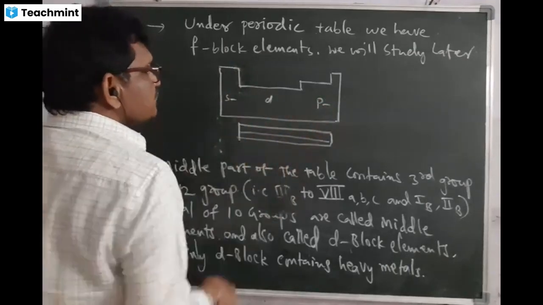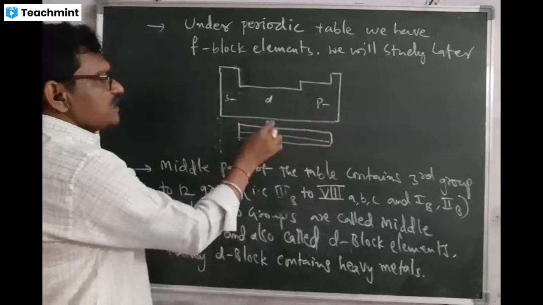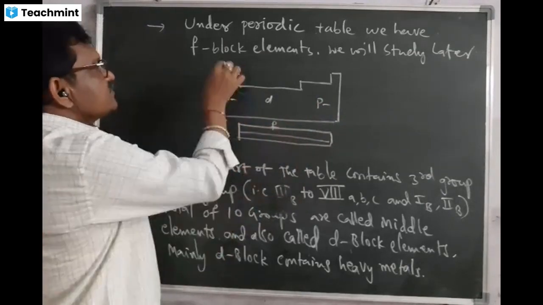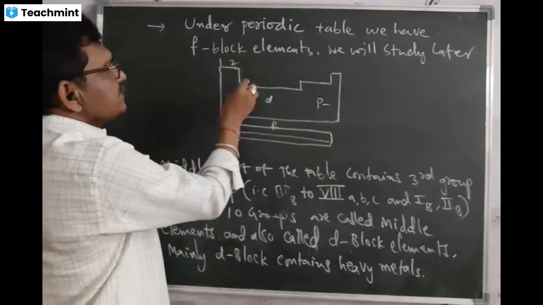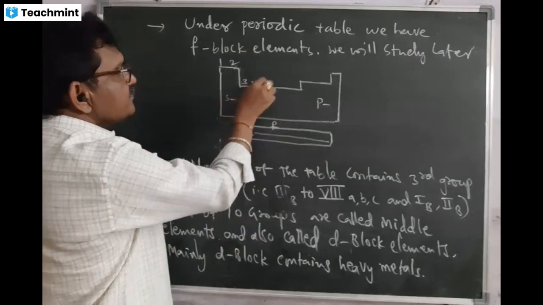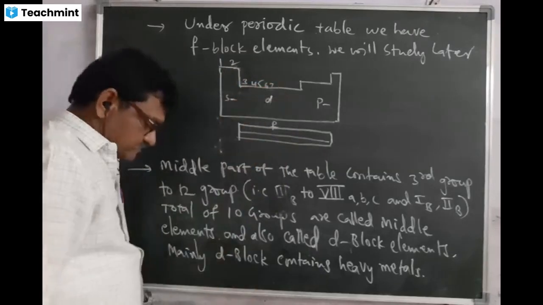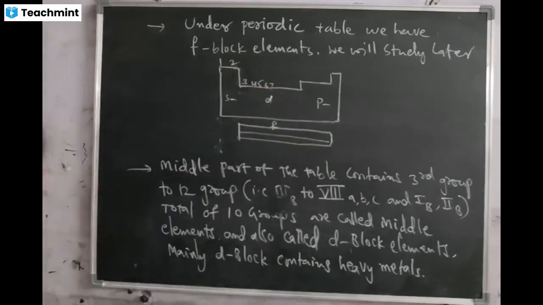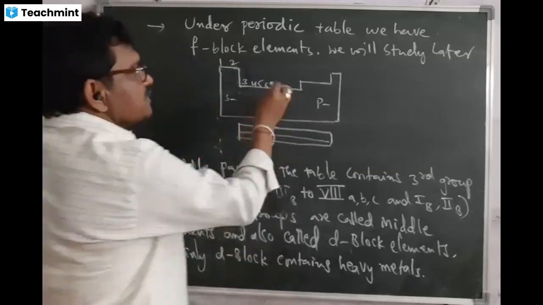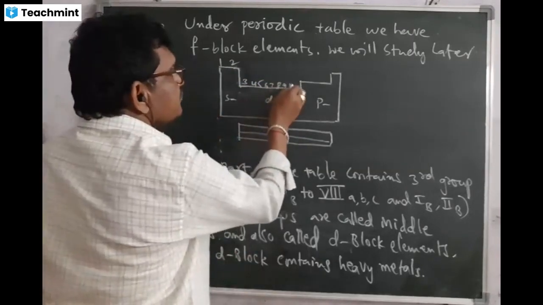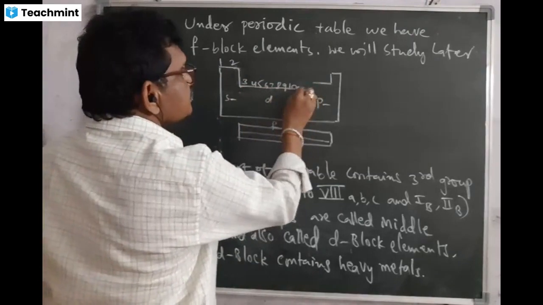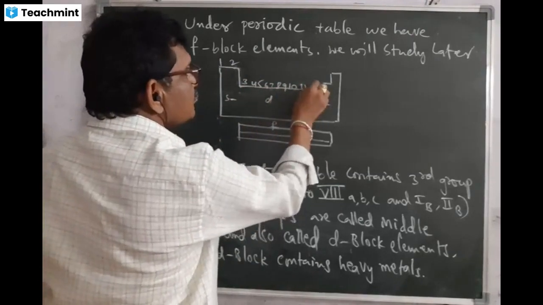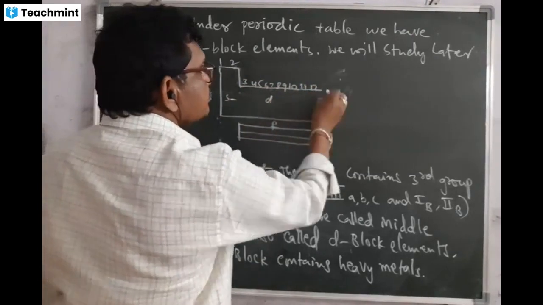In between the S block and P block, this is the D block. Under the table, we have the A block. So this is the first group, second group. Here third, fourth, fifth, sixth, seventh, 8th, 9th, 10th, 11th, 12th group.